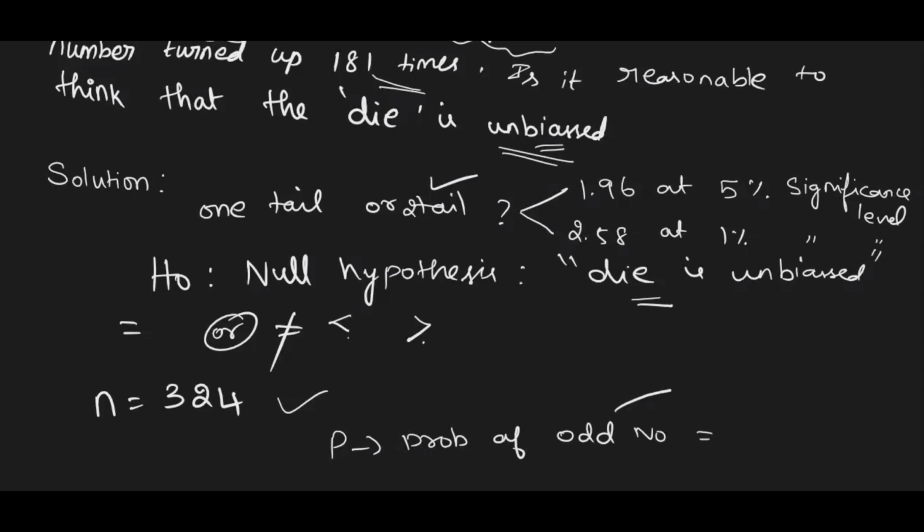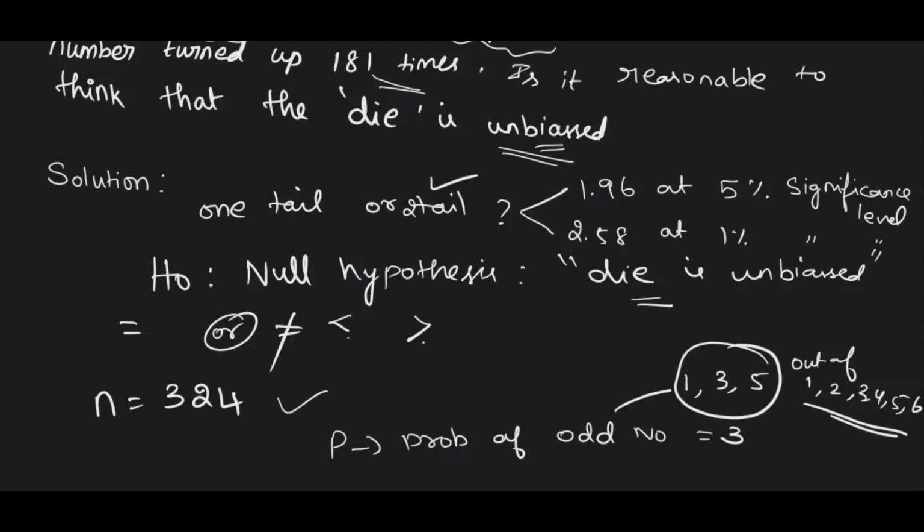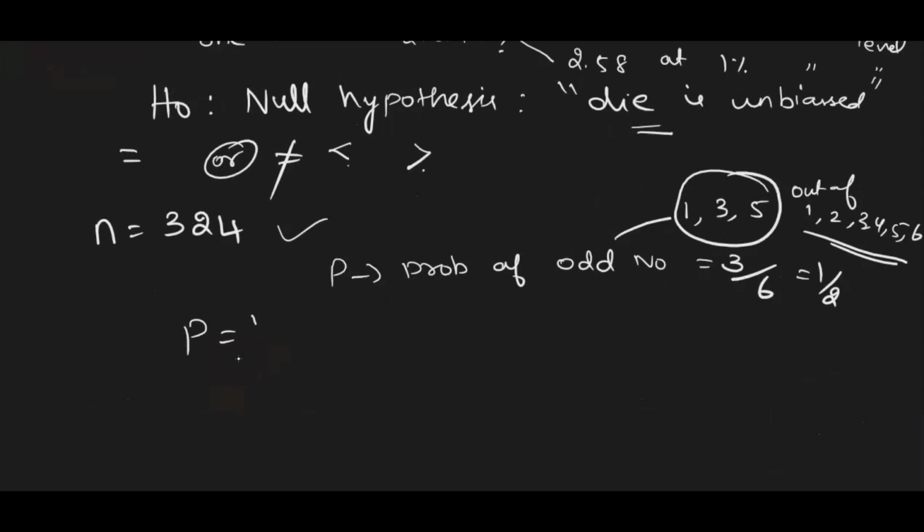Out of 1, 2, 3, 4, 5, 6, these 3 are the odd numbers. So I will write 3 by 6, which is nothing but 1 by 2. So P is 1 by 2.